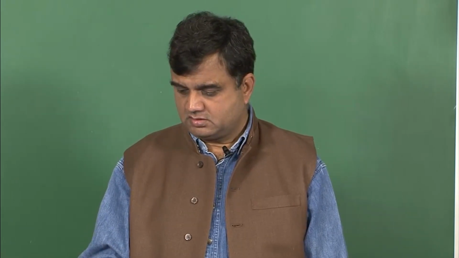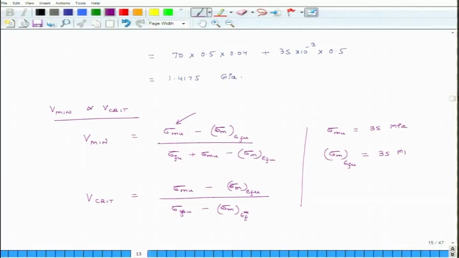Fiber breaks at 4% strain. We have calculated it. At 4% strain, what is the stress in the matrix? It is 35 MPa. So, this is 35, this is 35, and the numerators of V critical and V minimum are both 0.